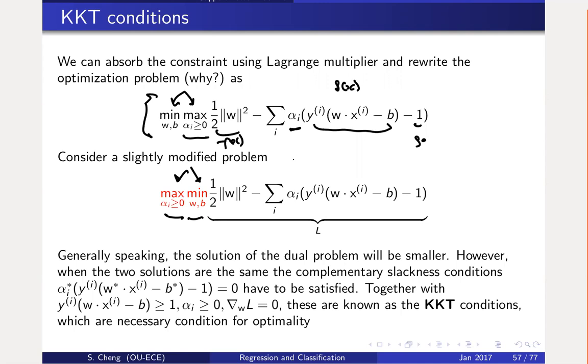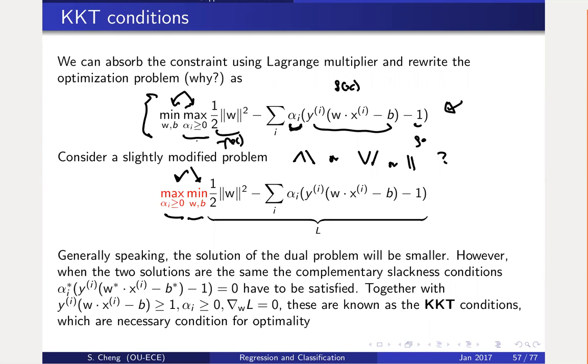Okay, let me give another question here. Do you expect this to be bigger than or equal to this, less than or equal to this, or equal? In general, it should be. So this is my original optimization problem, right? We have these constraints, then we absorb them by introducing a Lagrange multiplier added to the objective function, and then introduce an additional optimization operation, first maximizing over alpha i here.